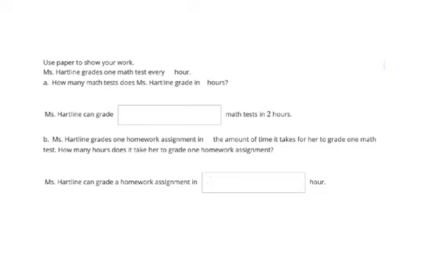She grades one math test every 1/4 hour.